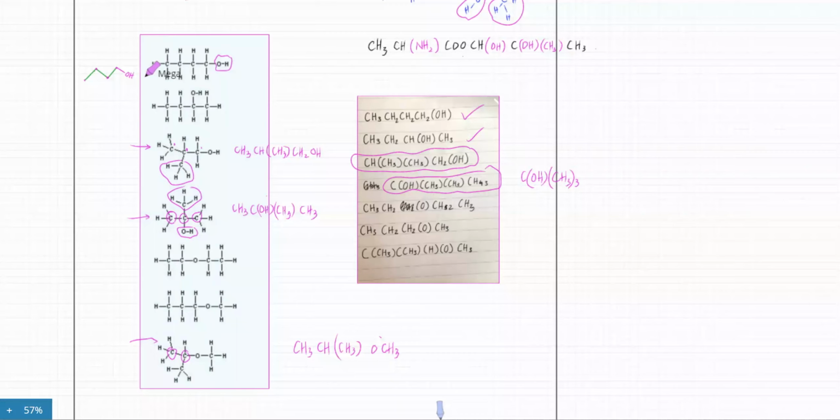Try and draw the skeletal formula of each one of them. Clear it. Send it on WhatsApp. Okay, do you have any questions? No, that's fine.